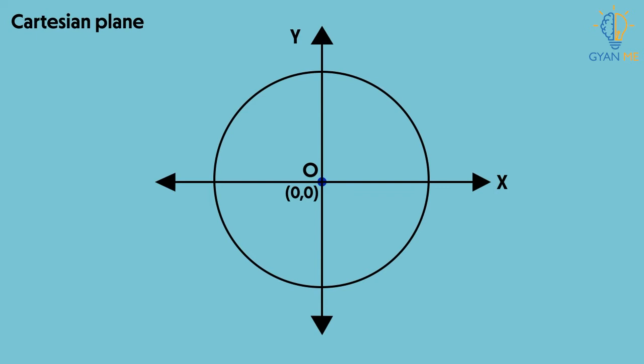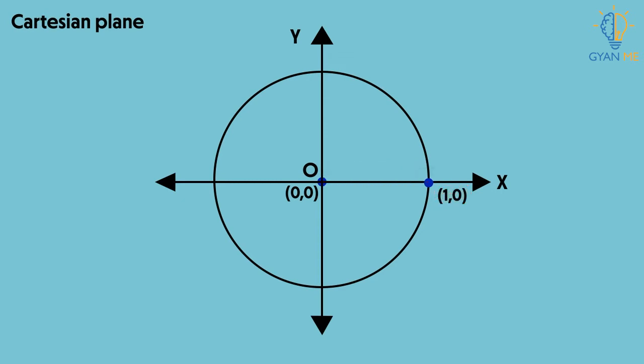0, 0. Yes. And the point where x-axis cuts the circle will be 1, 0, as the distance between origin and this point is nothing but radius, which is equal to 1 unit. And the point is on the x-axis, so its y-coordinate will be 0 and thus the coordinate is 1, 0.